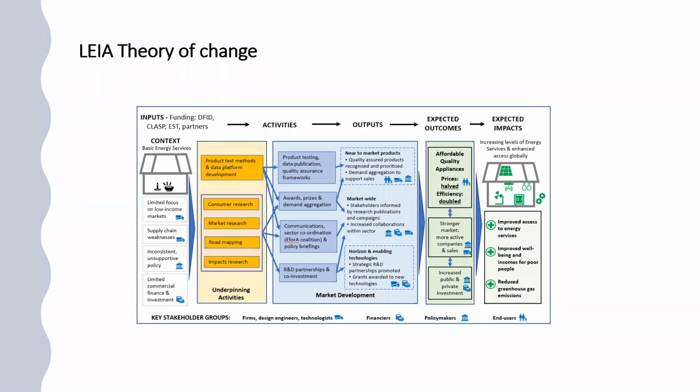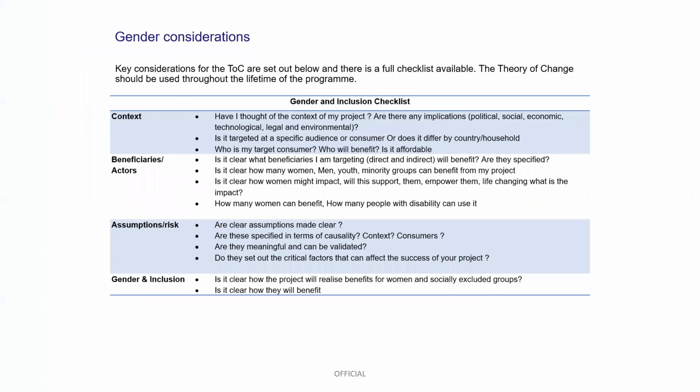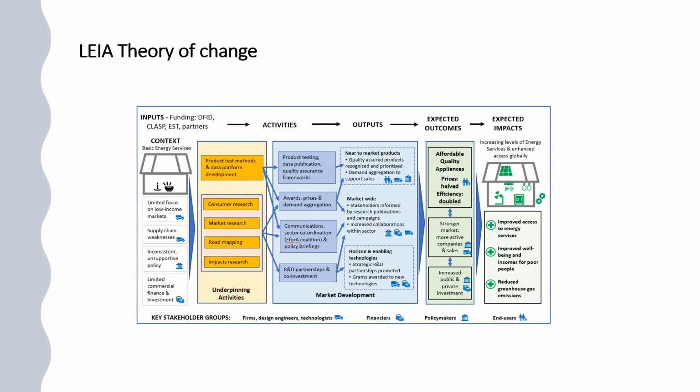So if you look into all of these different activities that we're doing, consider where are the women, where are the people with minorities, and how can my activities in the beginning and output lead to these people benefiting in the outcome. So that's how we look to include the beneficiaries, women, people with disabilities, all different people you want to include in the beginning, and then you'll be able to see the results at the end of the project.